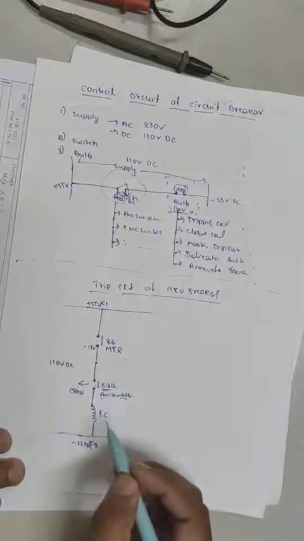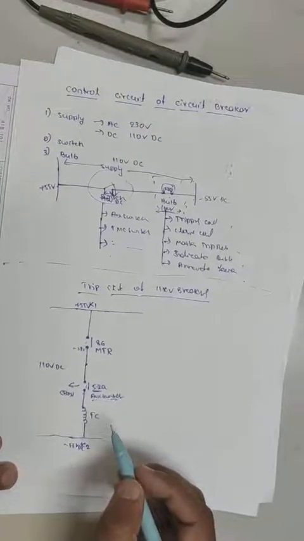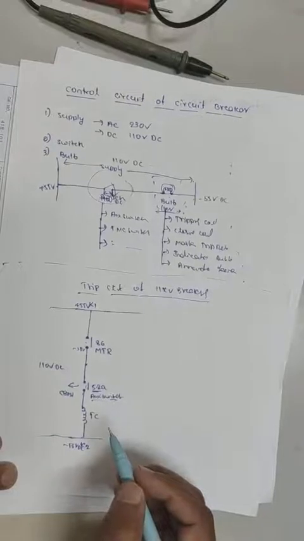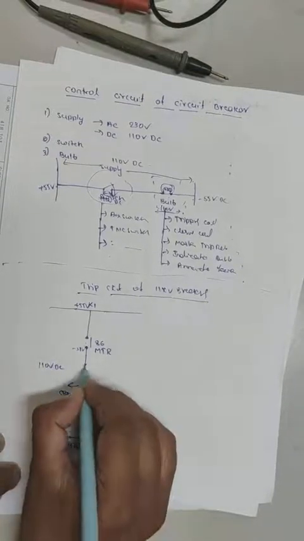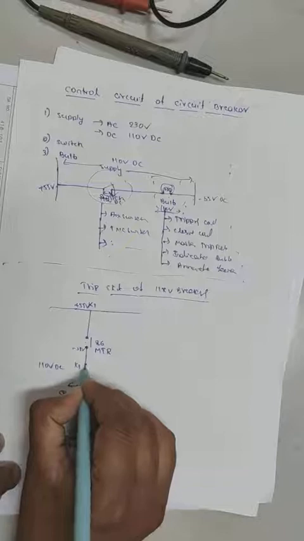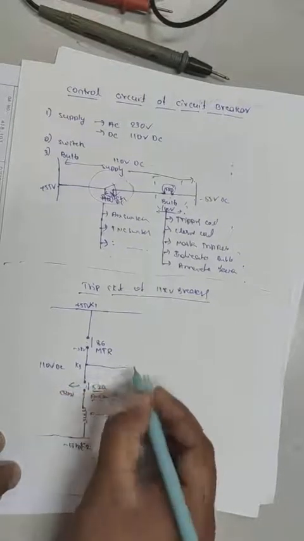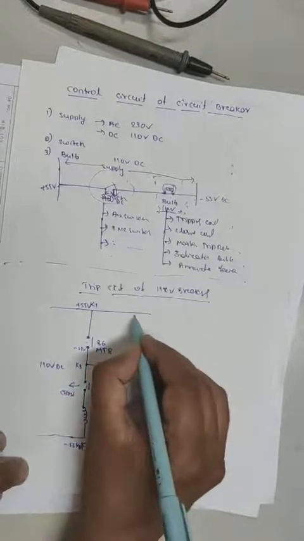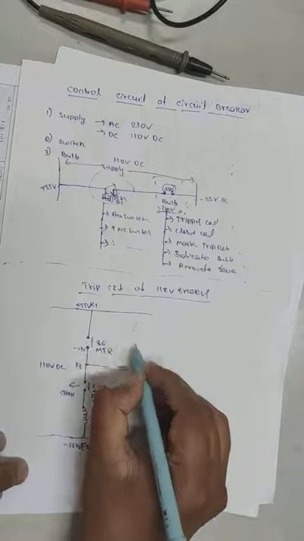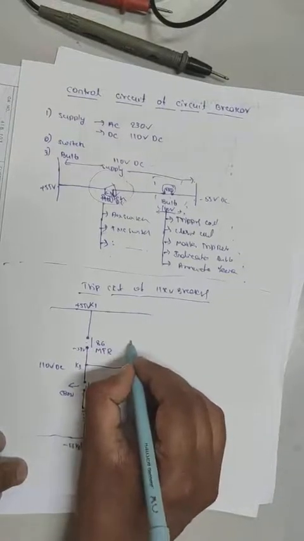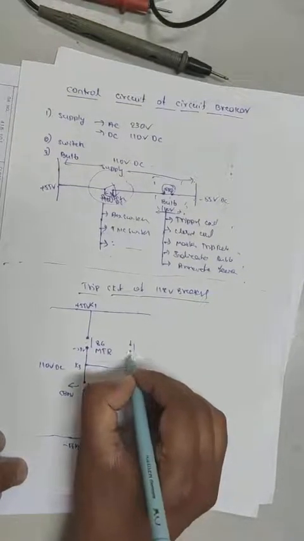Okay, next we will add another element to this tripping circuit, that is the TNC switch. Another contact of the TNC switch.